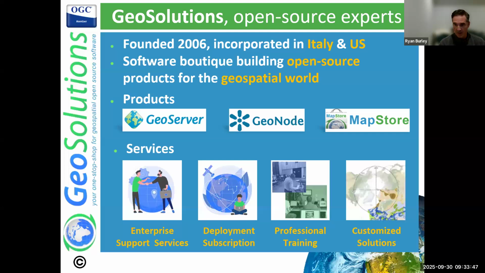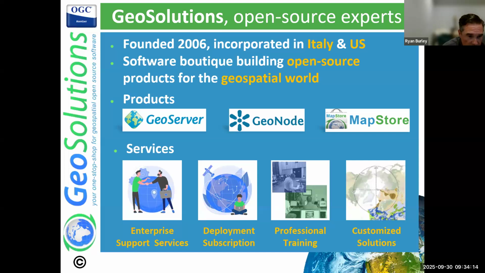Our services: there's a variety of ways in which we support and work with our customers. One is enterprise support services, a direct support contract for the products that you have installed or are deploying, such as GeoServer and GeoNode. We also have deployment subscriptions, where we can host and provide guaranteed uptime for your GeoServer deployment, for example.